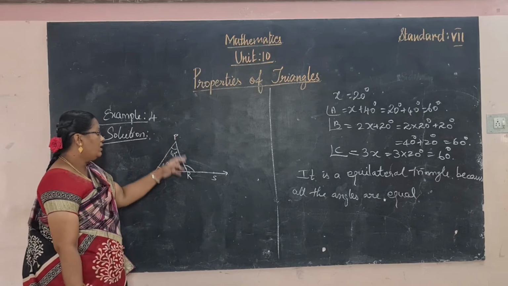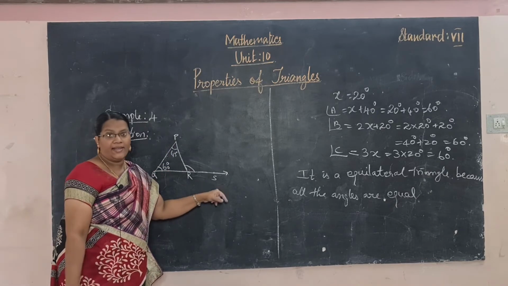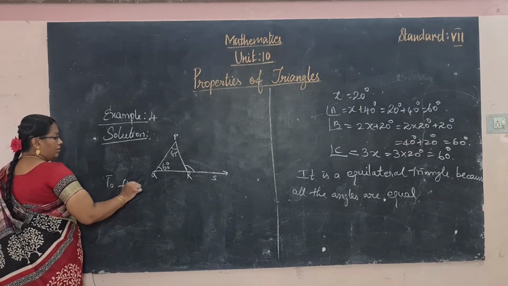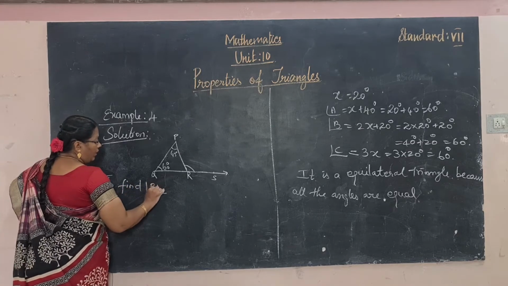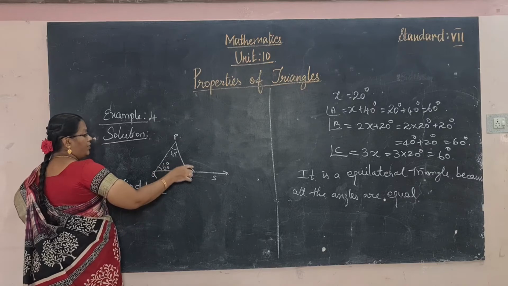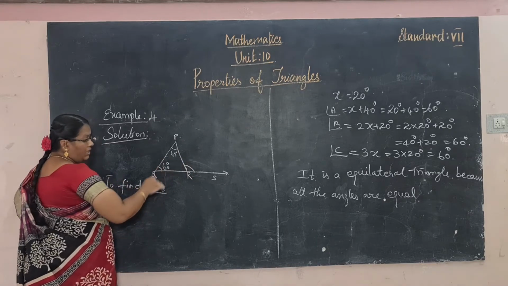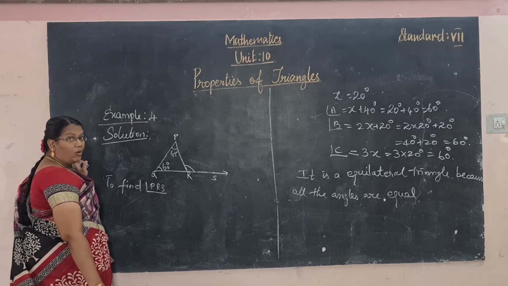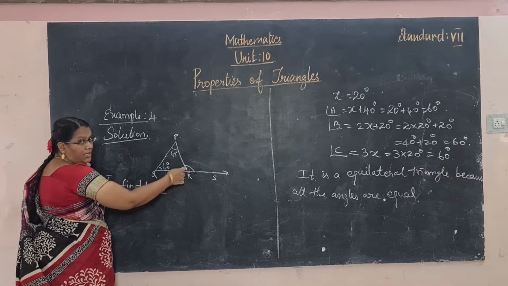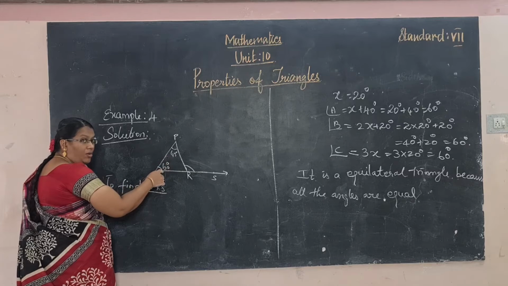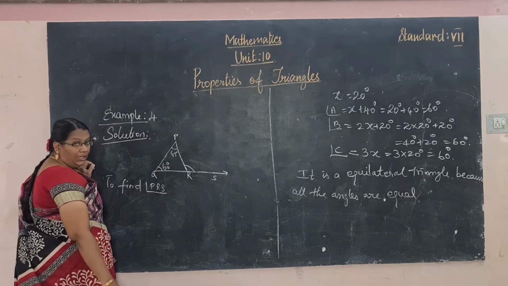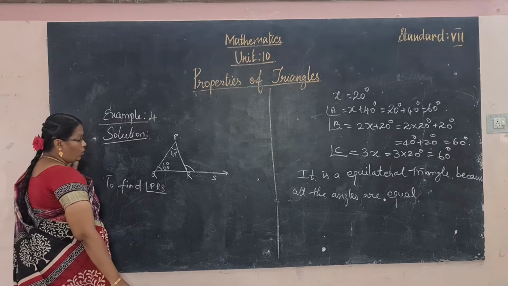We have to find the exterior angle PRS. To find the angle PRS, what is the relation between the exterior angle and the interior angles? We use the exterior angle property. What is that? The exterior angle is equal to the sum of the interior opposite angles.